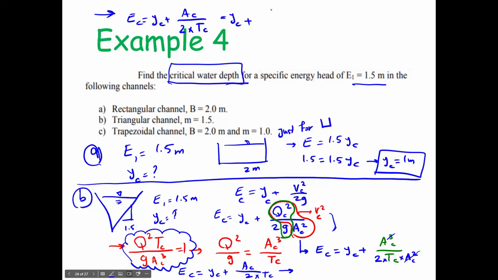YC plus AC is B by 2 multiplied by, instead of T, I will write ZY, I think, or 2ZY. That's correct.